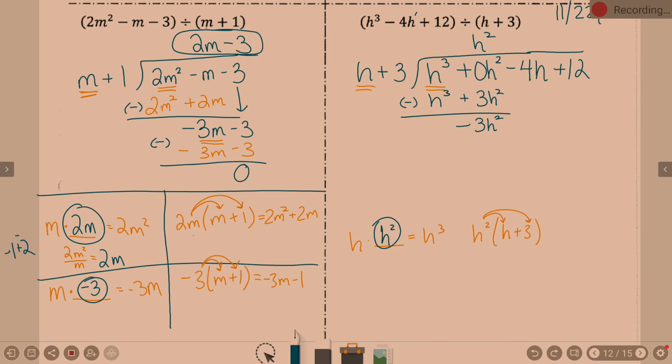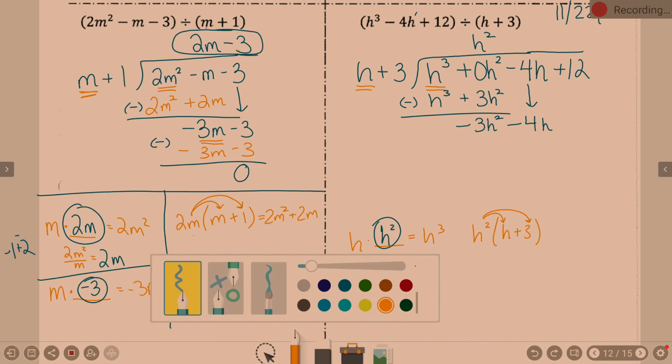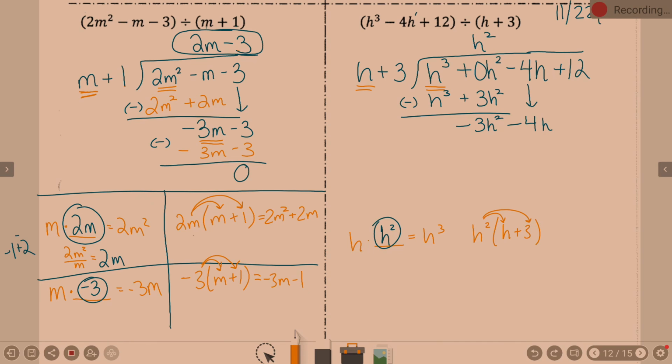What do I do next? Drag down your negative 4h. Bring down your next term, which is minus 4h, and restart the process. So this time, h times what is negative 3h squared?